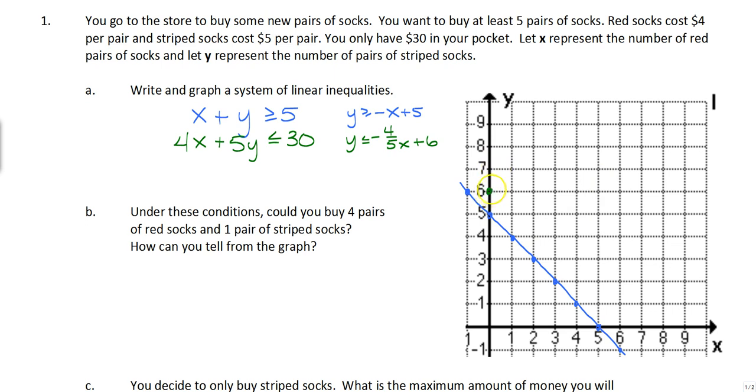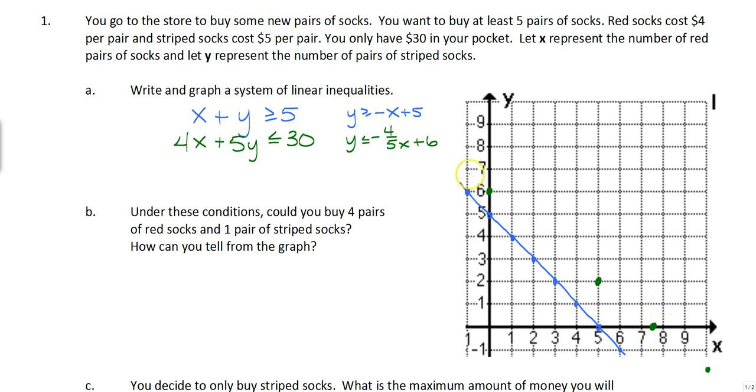So if we graph 6 and use a slope of down 4 over 5, and then down 4 again over 5, that's going to put us off the grid somewhere down here. But if you think in terms of a fraction, if you're going down 2, then you'd be going over 2.5 units.